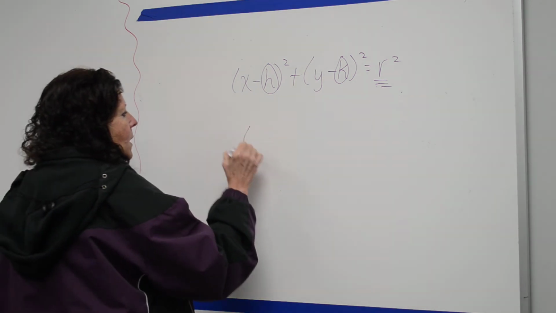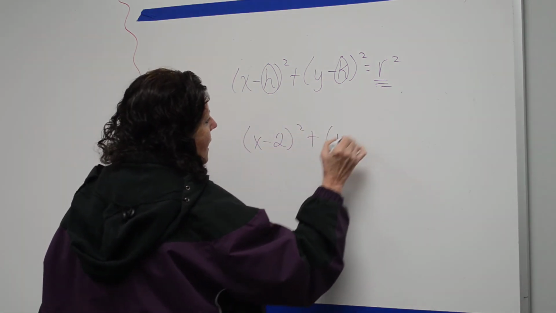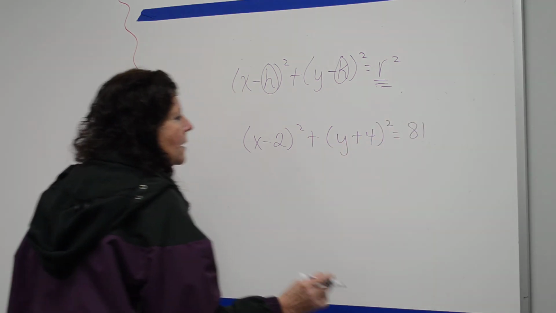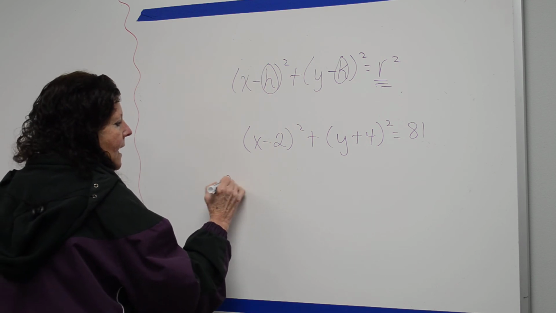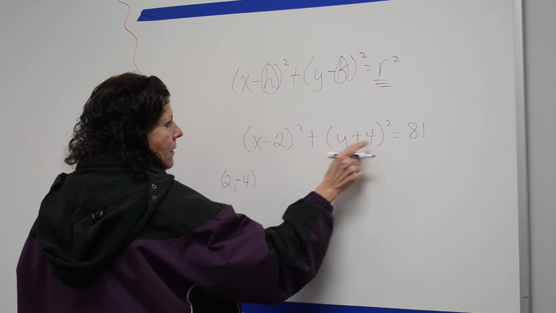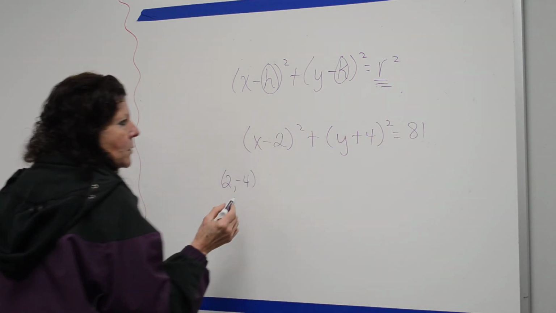If I had one that said (x minus 2) squared plus (y plus 4) squared equals 81, that would mean my center is at (2, negative 4). It's the opposite sign right there. And then I would take the square root of 81, which is 9.